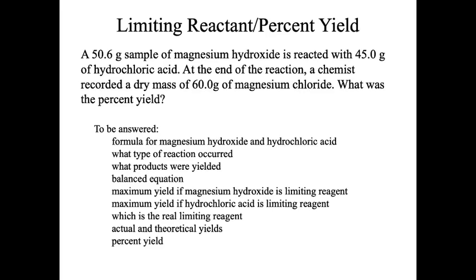If it's a multiple choice test, the whole point is to be able to test, do you know the competencies? When you look at this, these are all the things that you have to know to be able to answer this question. Are those all one competency? No. We've got nomenclature, we've got percent yield, we've got limiting reactants, we've got conversions.